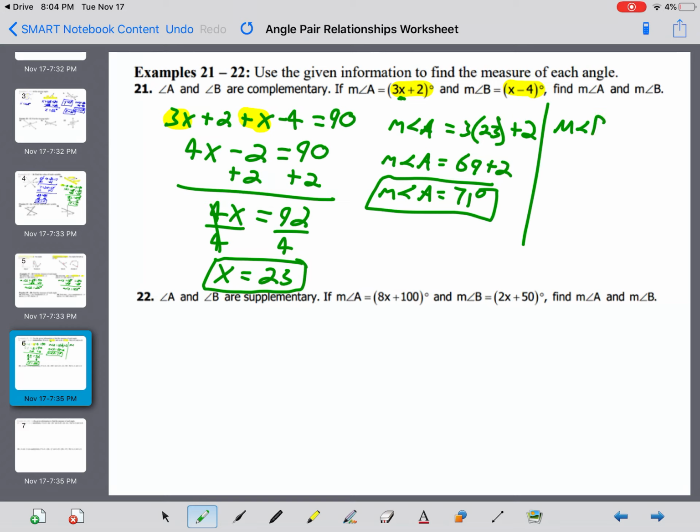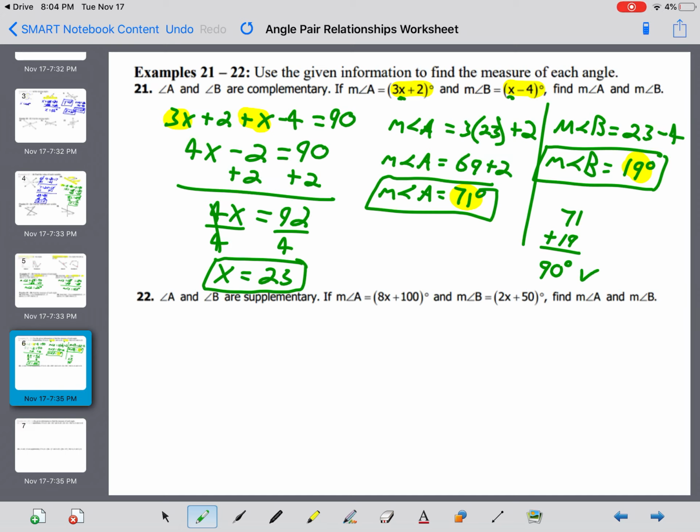The measure of angle B is equal to, and instead of x minus 4, I'm going to do 23 minus 4. So the measure of angle B is equal to 19 degrees. And you know you did it right because 71 degrees plus 19 degrees equals 90 degrees, which is complementary.